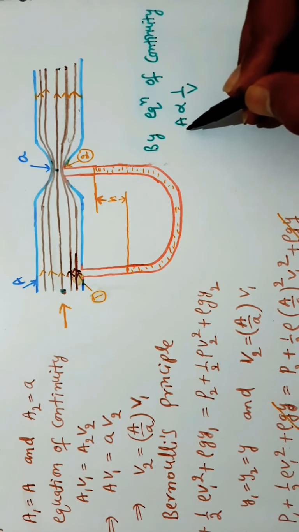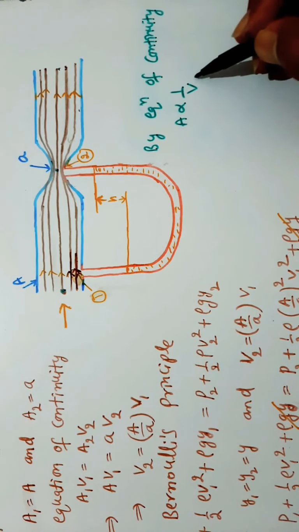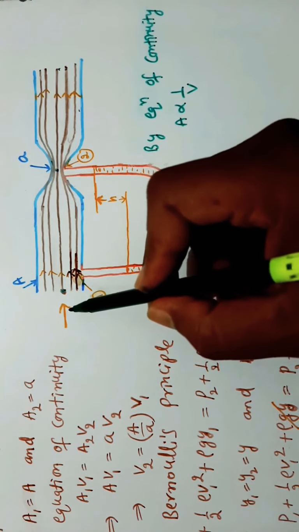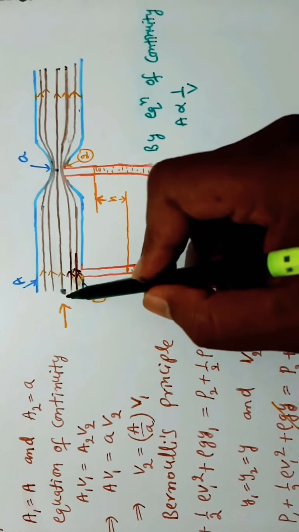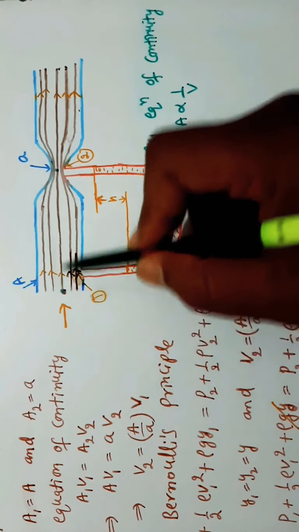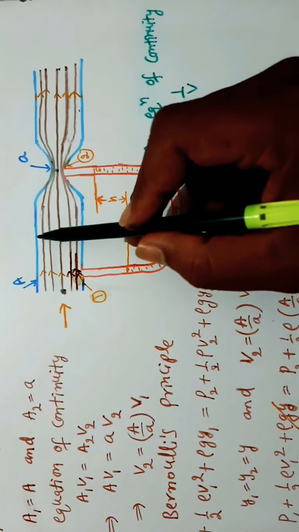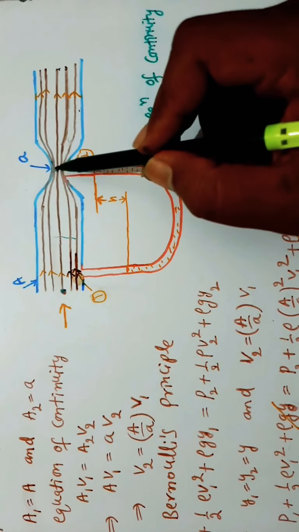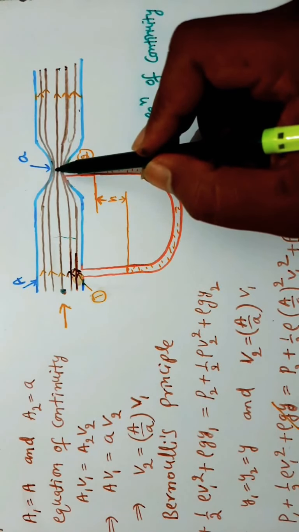If area increases, velocity decreases. Here the fluid flows from left to right, and the cross-section area of the tube decreases. At the constraint, it has a small cross-section area, so at the constraint it has large velocity.